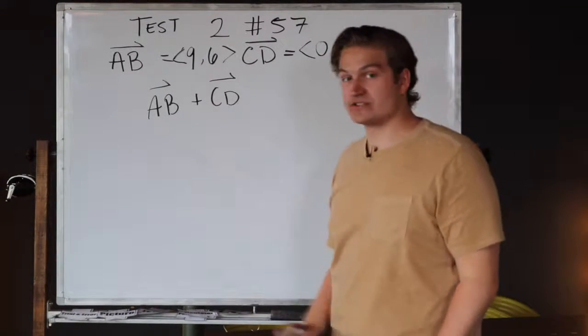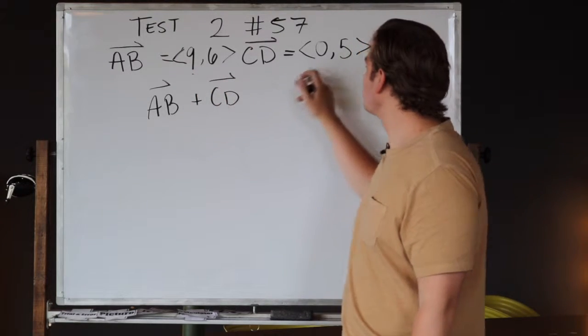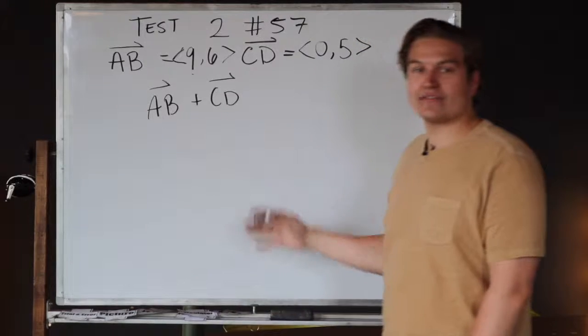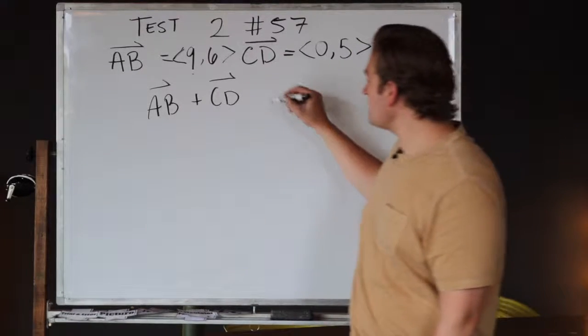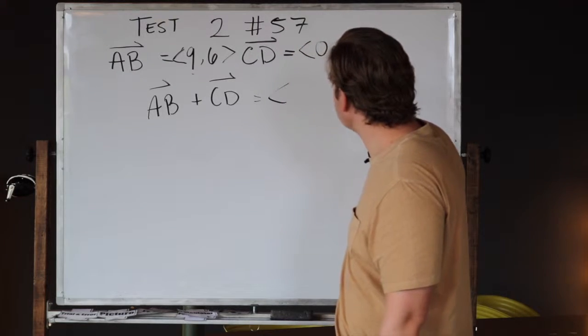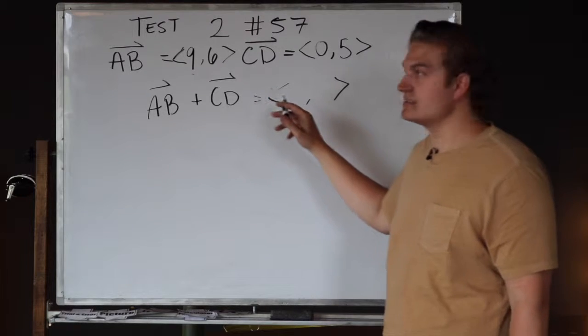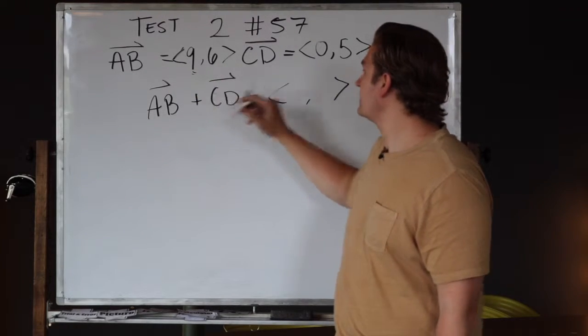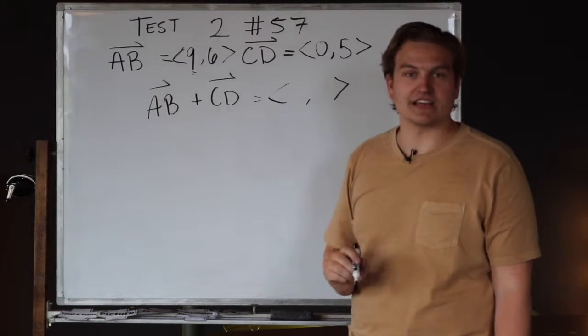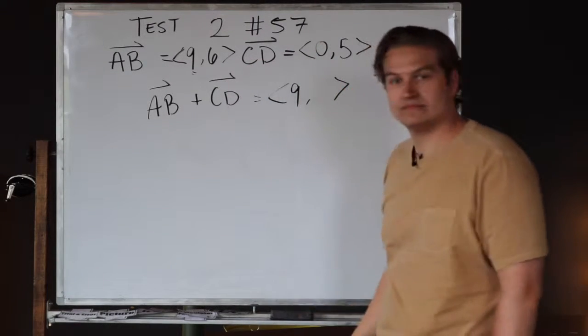When you add vectors together, it's very simple. You add the x components, and then you add the y components. So AB plus CD, if we add those two vectors together, the x component of our new vector is the x component of our first vector plus the x component of our second vector. So 9 plus 0 is 9.